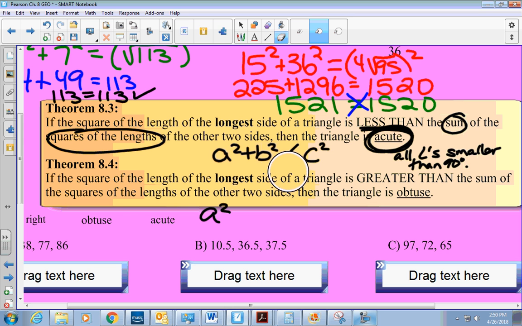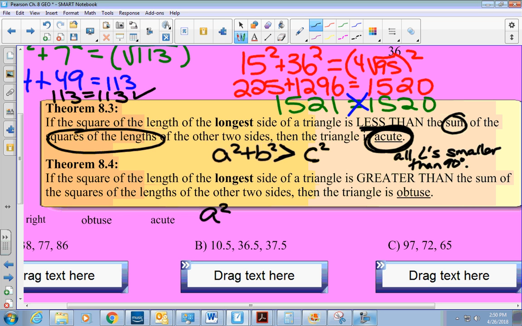You guys get your eraser out, because I wrote it in reverse order. Our alligator is eating the a squared plus b squared.